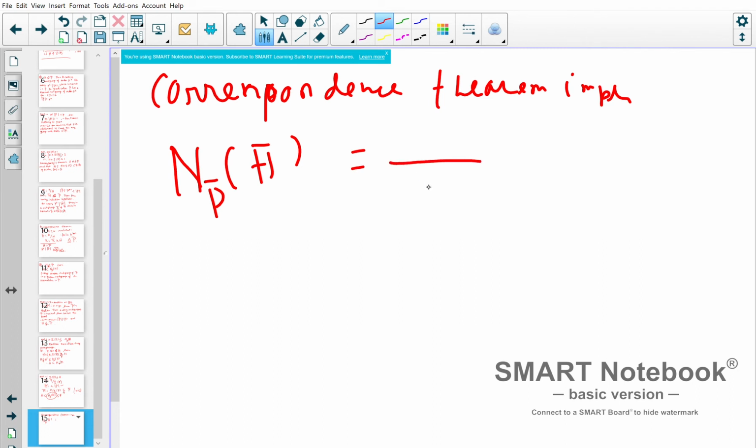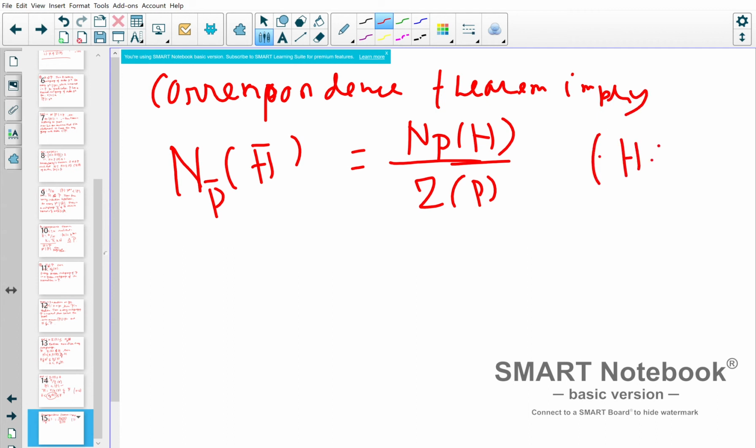So this implies this. Prove it. Homework. This subgroup is actually nothing but the quotient of this, and the proof is again obvious.